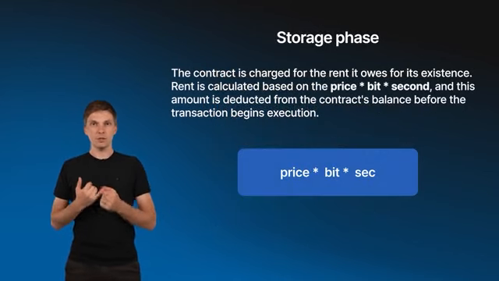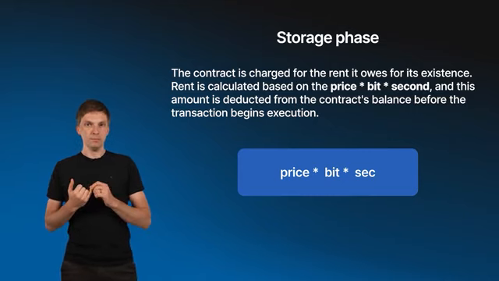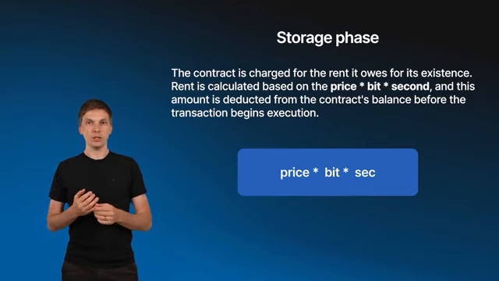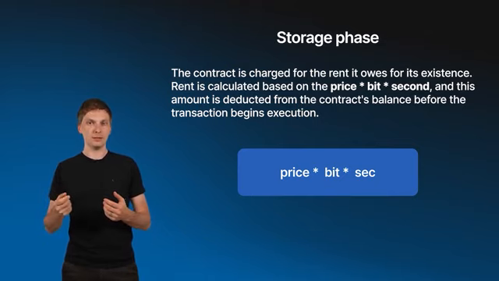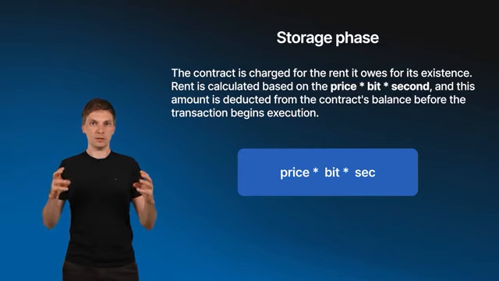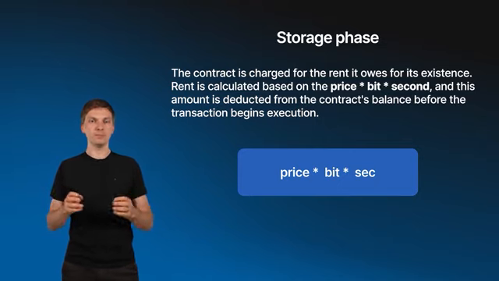The first phase is called the storage phase. This is the phase when the blockchain charges the contract for all the rent that it owes for its existence. And the rent is computed as a price per bit per second. And in between transactions, all of these seconds and all of these bits are multiplied.